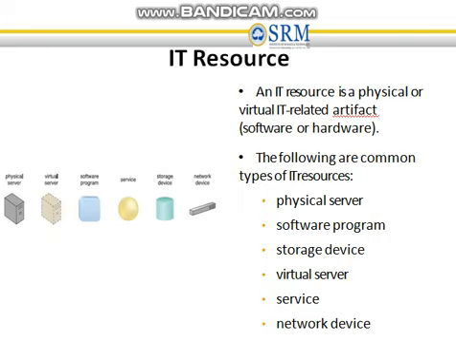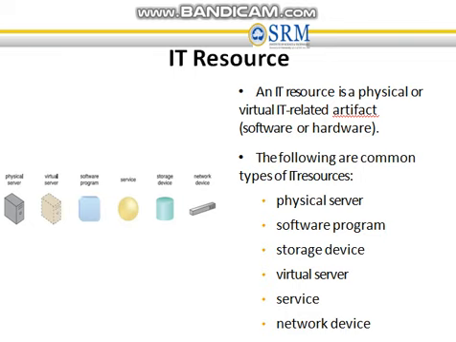Moving on to the first fundamental term, or primary term, that we need to understand: the IT resource. An IT resource is nothing but a physical or virtual IT related artifact. When you talk in terms of IT resources, it is both the software as well as the hardware. The following are common types of IT resources.